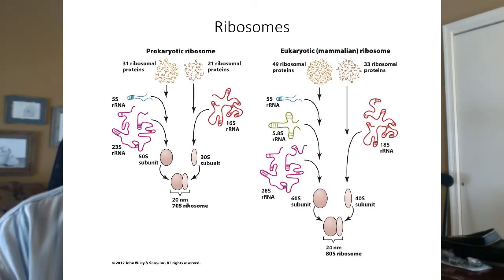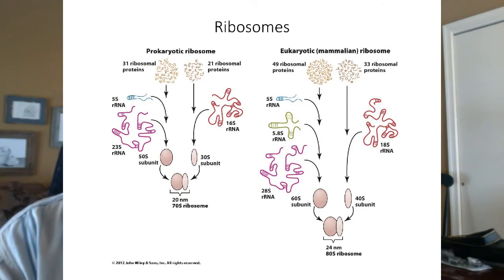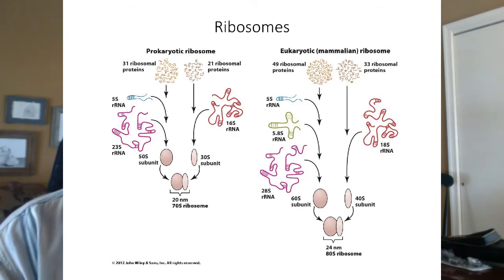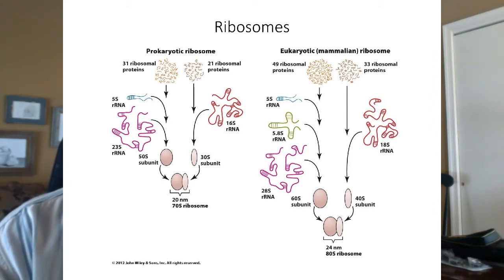Okay, and the S is for Svedberg unit. It is a unit that defines how far a molecule or a set of molecules will travel during density gradient centrifugation. And so the further it travels, the heavier it is. So we've got a 50S unit and a 30S unit in the prokaryotic ribosome.